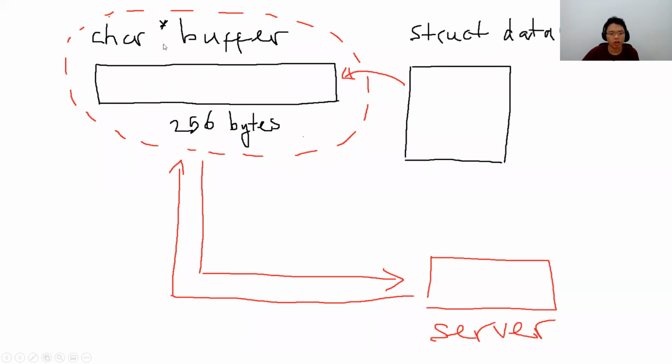So char buffer is just a fancy way of saying a 256 byte memory chunk, right? So that you can store any data, any bits into it. At the end of the day, 1 is 1, 0 is 0, so it doesn't really matter as long as you know the correct order of the information. You can always decode it. Not really decryption here, but more like encode it and decode it. In this case, you just have a data message, it's a struct, and it's comprised of 1s and 0s, right?